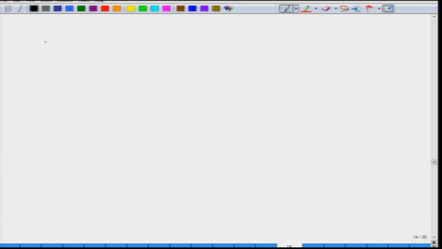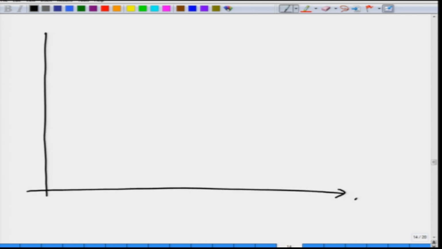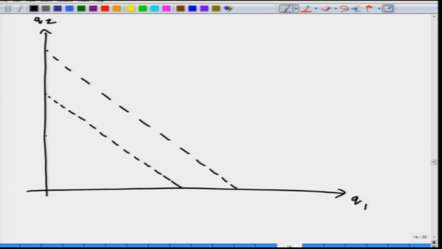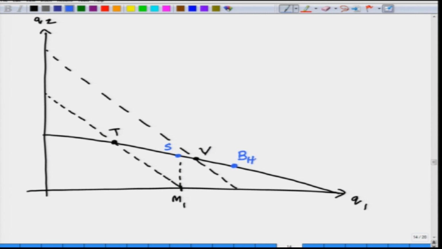Let us look at a third case now. This is again T and V. This is the monopoly level of output M1, which is also the Stackelberg level of output, S. Now, let us say that B is equal to BH, which is to the right of V. We will see this again separately, but let us just get the intuition.